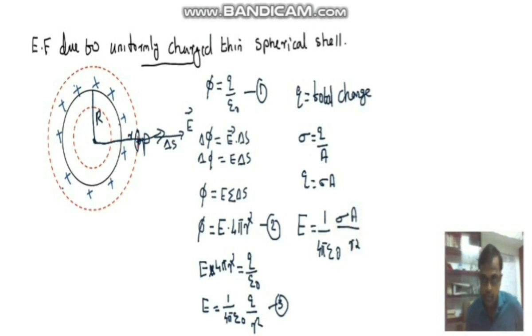Now what does A represent here? A represents the area of the sphere where the charges are distributed. This is a thick line here, where the charges are distributed. So what is the area of that sphere? It is 4 pi capital R square.